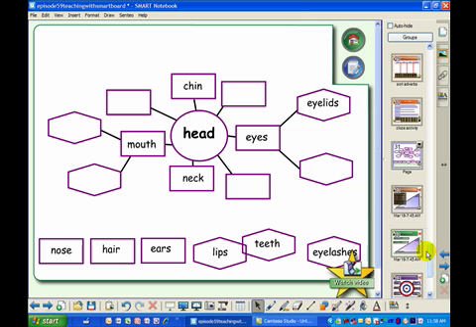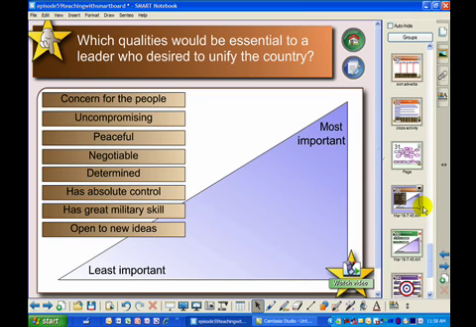And my favorite so far, Scott, is this one right here. Have you seen this? Least important, most important. So they're ranking things. They're judging. And on that scale, that's Bloom's taxonomy, which is higher order thinking.